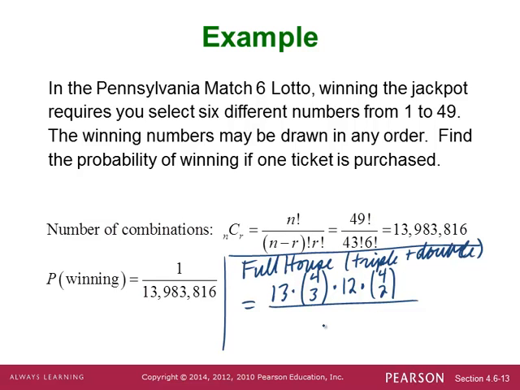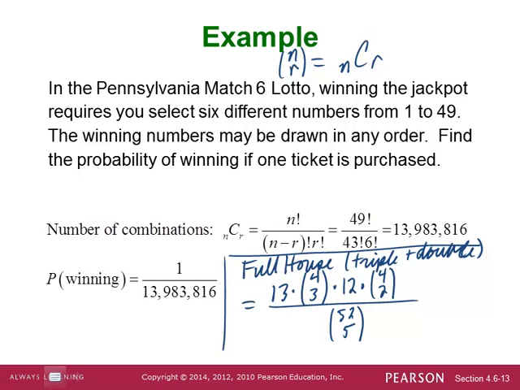And then there's 52 choose 5 ways of selecting 5 cards from 52. We already did that calculation. By the way, when I say N choose R like that, that means combination of N items taken R at a time. That's just a more compact notation.